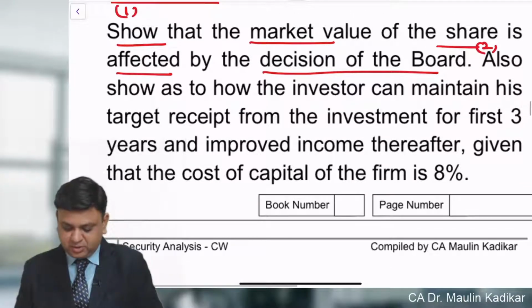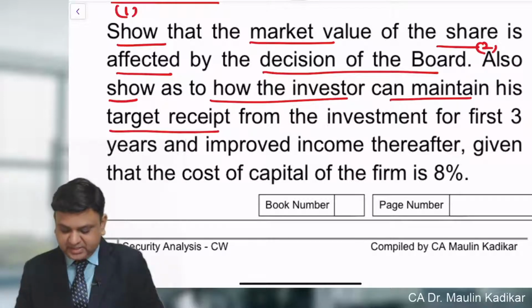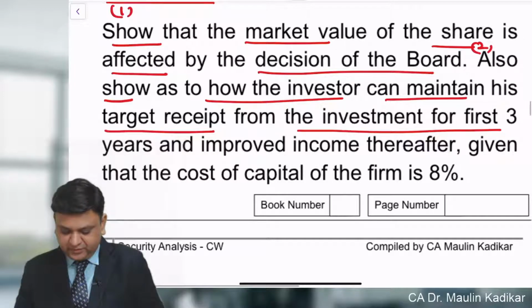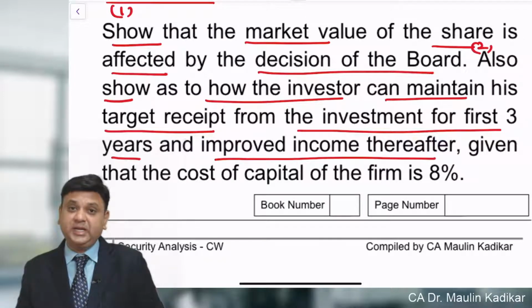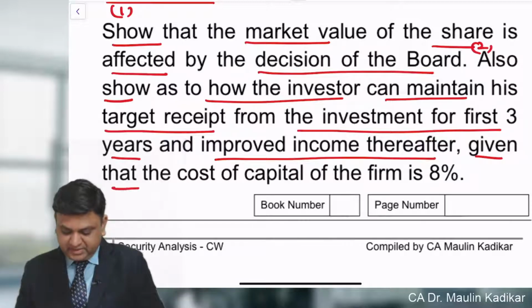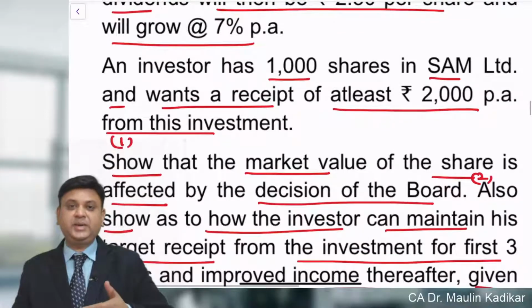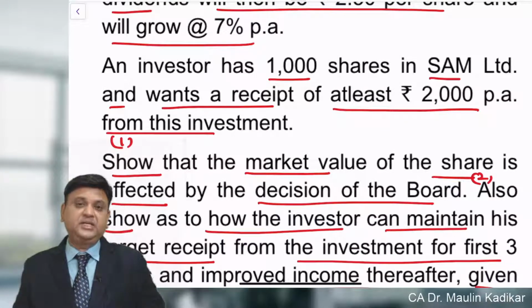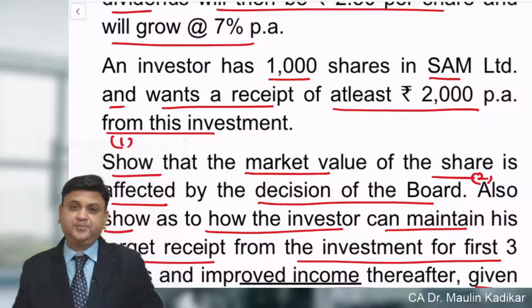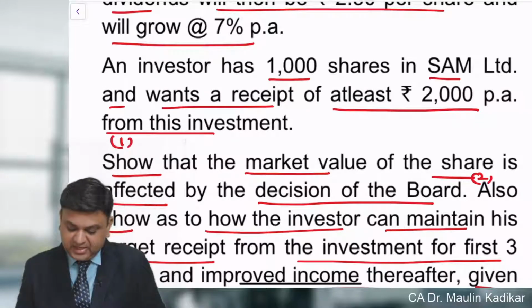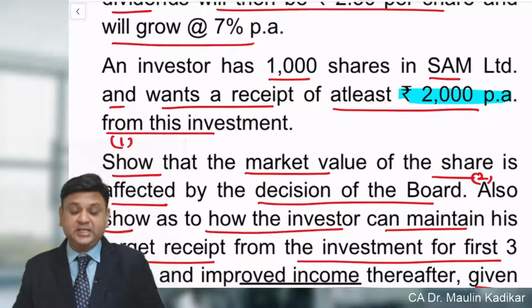Then the second question: also show how the investor can maintain his target receipt from the investment for the first 3 years and improved income thereafter, given that the cost of capital of the company is 8%. So the question is providing indirect information that there is an aged or retired person who expects to get at least 2000 per annum from the investment he has made in this security.